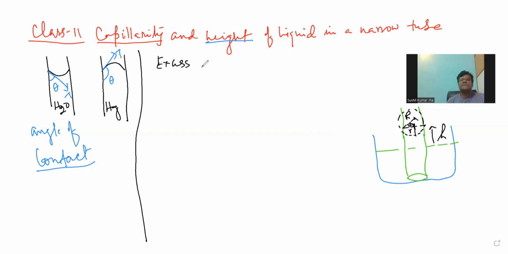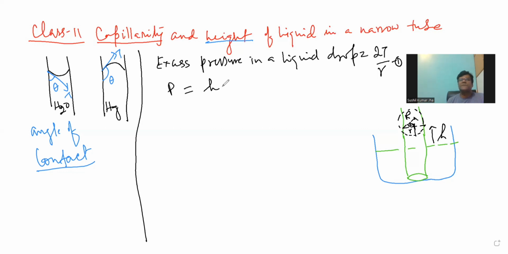So we'll be using this formula, excess pressure in a liquid drop is 2T by R. We also know pressure P as h rho g.